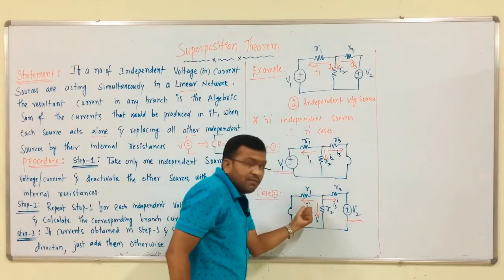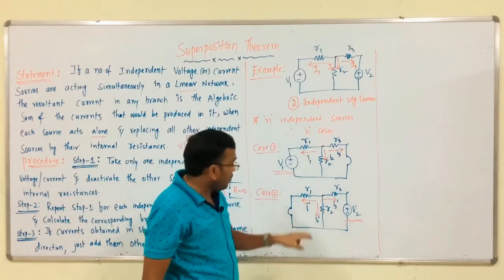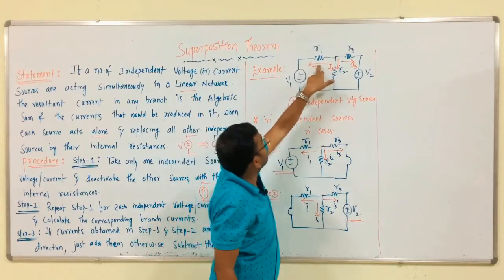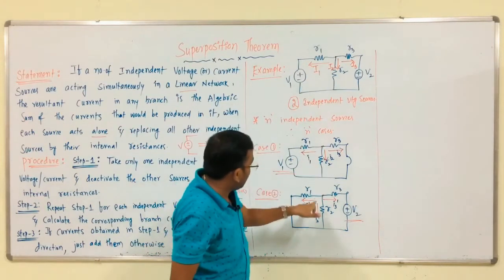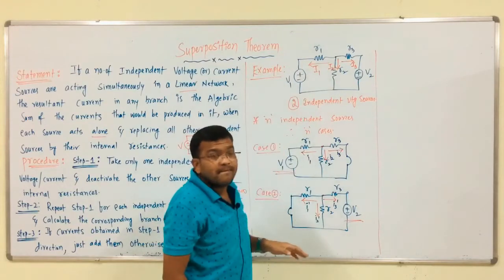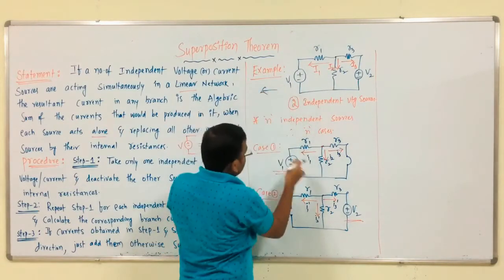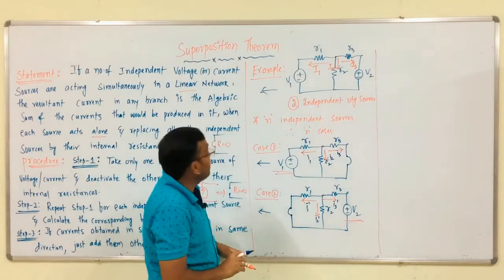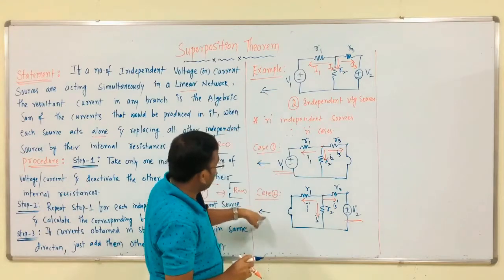This I1 dash is nothing but what? Away from this node. So, all three currents are in the same direction, away from this node. Okay, so see the direction of these three currents.